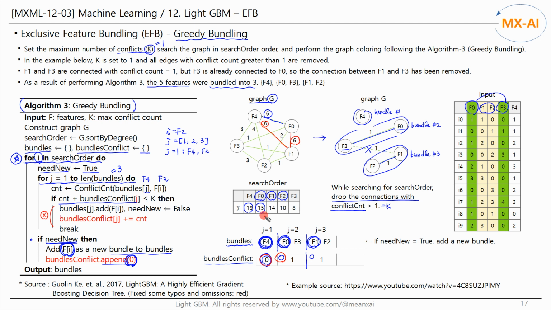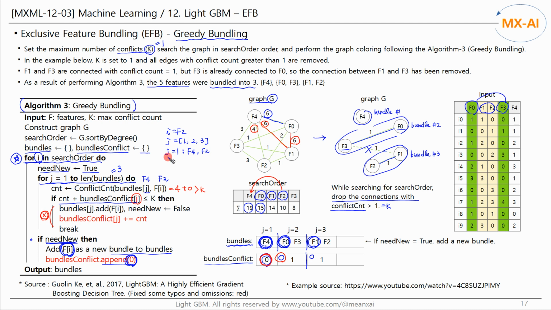The conflict counts between F2 and F4 is 4. To this value, we add 0, the jth element of the bundle's conflict list. This is also larger than k, so these steps are skipped.